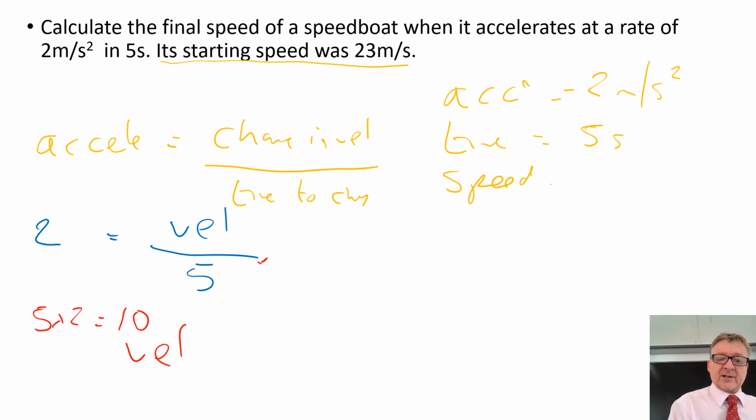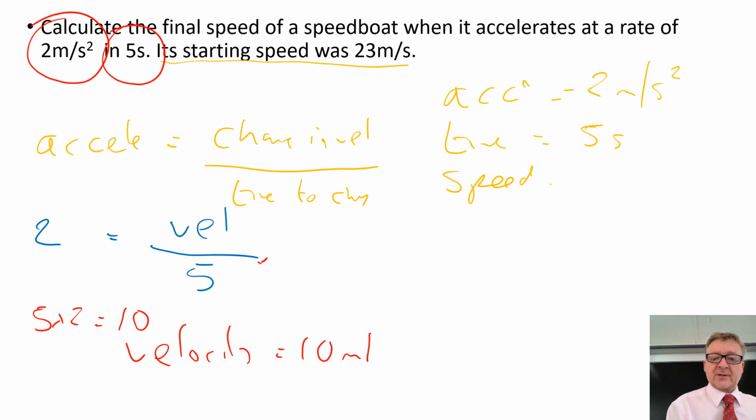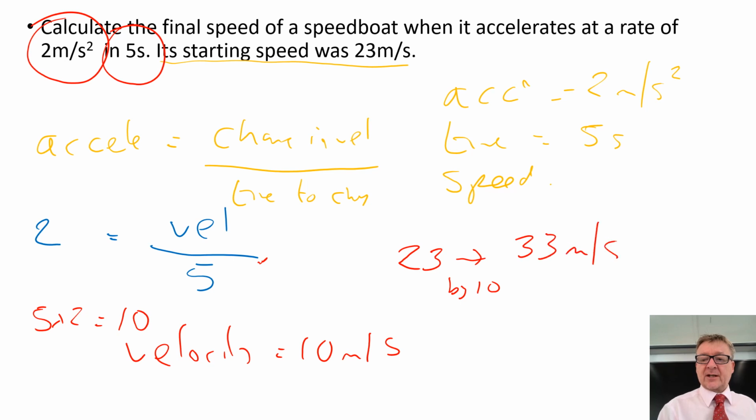So the velocity, based on an acceleration of 2 meters per second squared and 5 seconds, is 10 meters per second. Calculate the final speed. So it started at 23 meters per second, and it increased by 10. So the final one will be 33 meters per second.